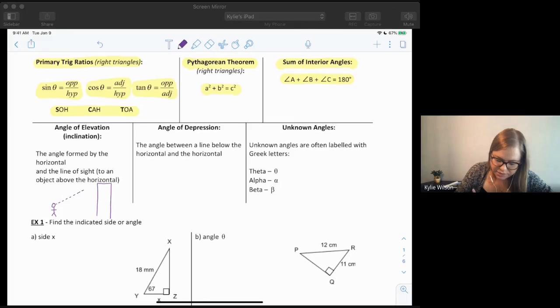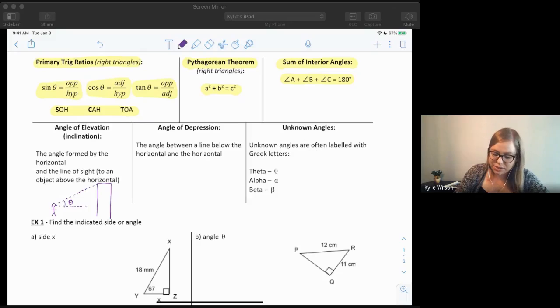The angle of elevation is how far your chin moves to look at the top of that building. So picture yourself looking absolutely straight, and then you look up at the building. Think of how far your chin moved to look up. That is your angle of elevation right here.